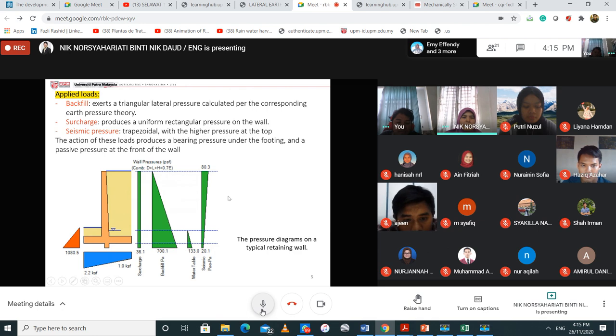This we call a passive or active force? Yeah, the green one. Passive or active force? Active. Look back here, where is the backfill? Passive, active?